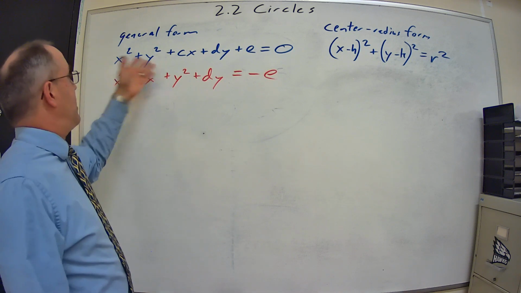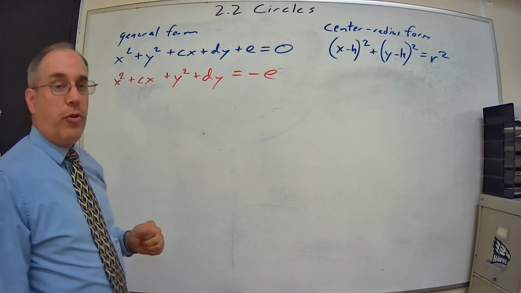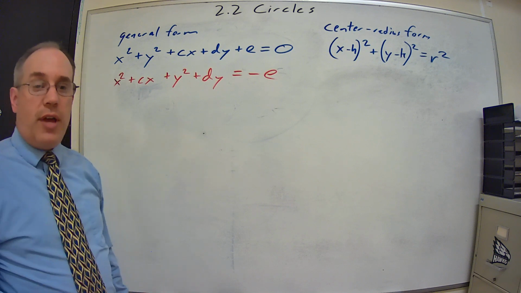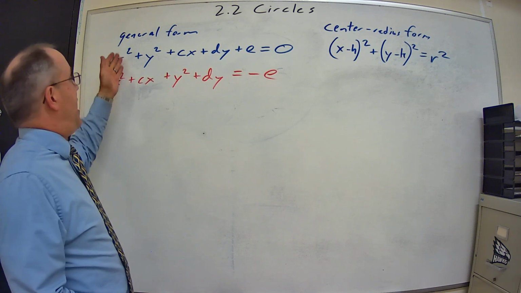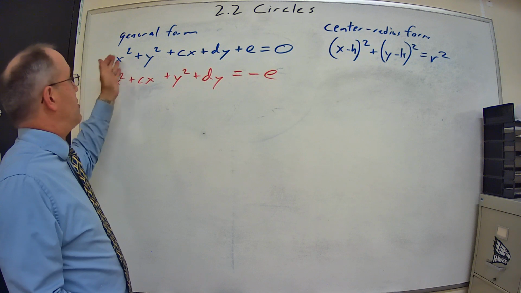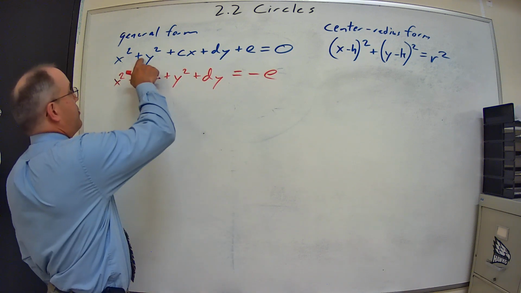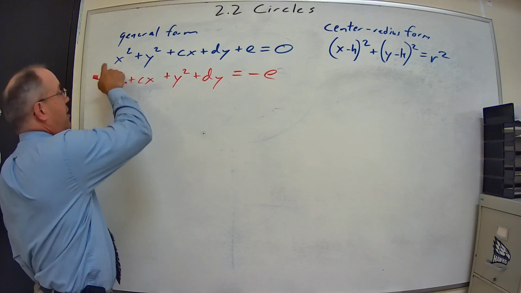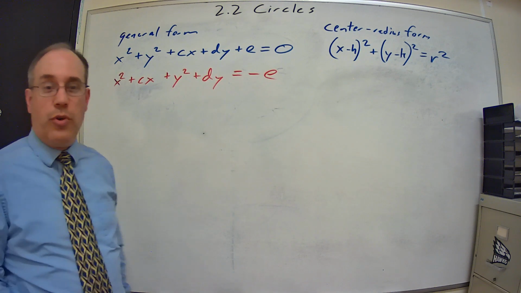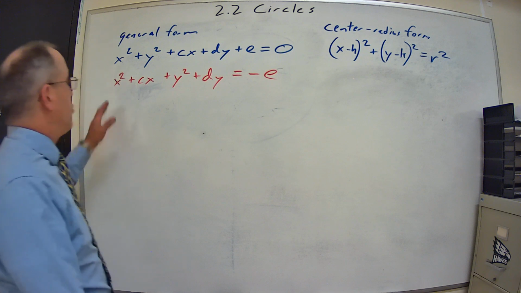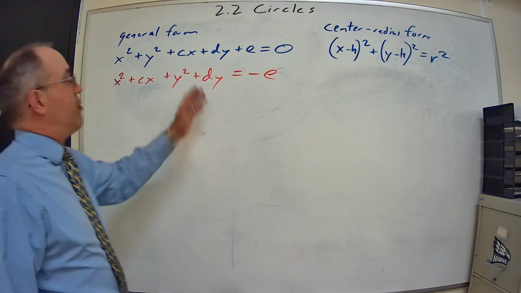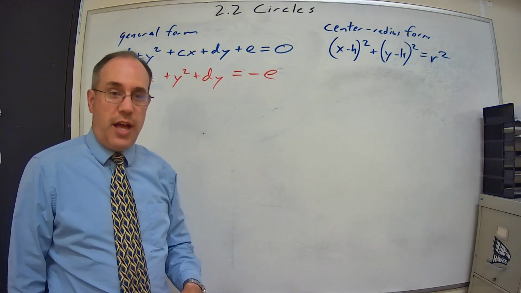In this case, we already have that. We don't have a variable in front of it. If this had some constant in front of it, then we would have to divide it out just like you would in completing the square normally. So we've got this far, and we move the constant term over to the other side.